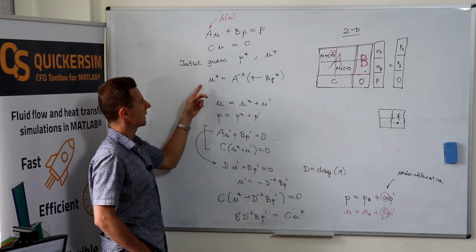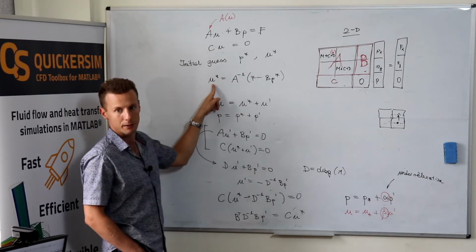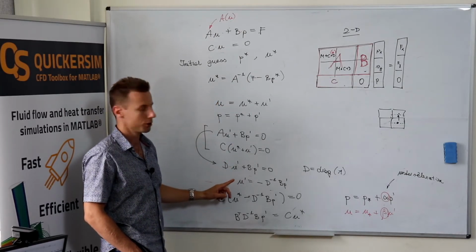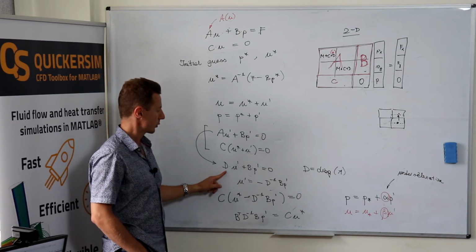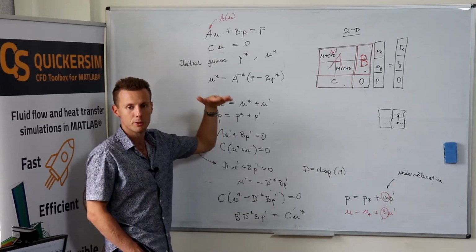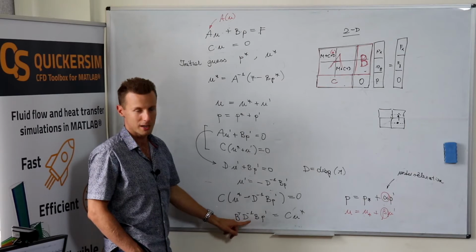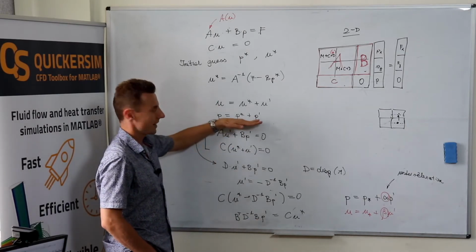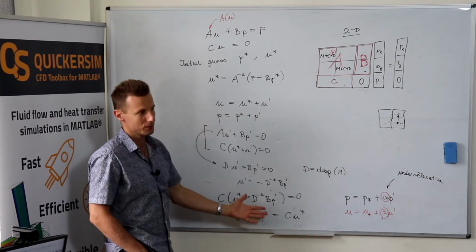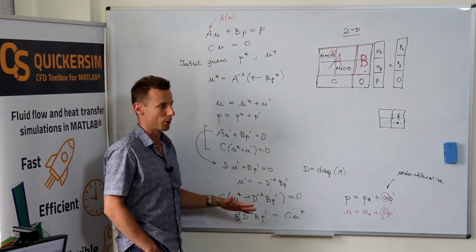You didn't get rid of any terms when calculating the velocity out of pressure. You got rid of these terms to calculate the correction of pressure. If you didn't get rid of them here, you would just calculate the pressure correction once and it would be correct. But you did get rid of them, so it's not correct, but you've got some pressure correction.